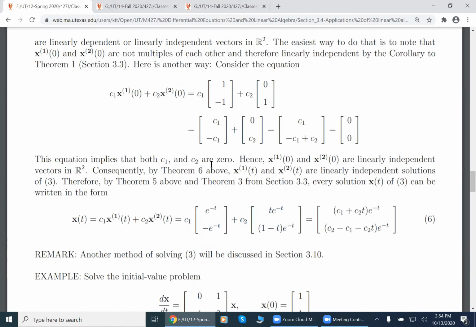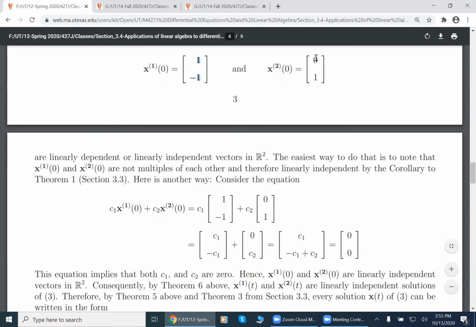By the way, over here we show that these two matrix columns are linearly independent in two different ways. The easiest way is to note that these two matrix columns are not constant multiples of each other. Here's why. Note that this is not a constant multiple of this because 1 is not equal to 0 times lambda.